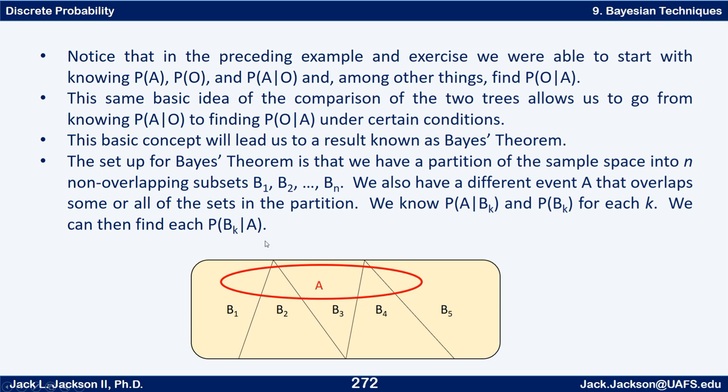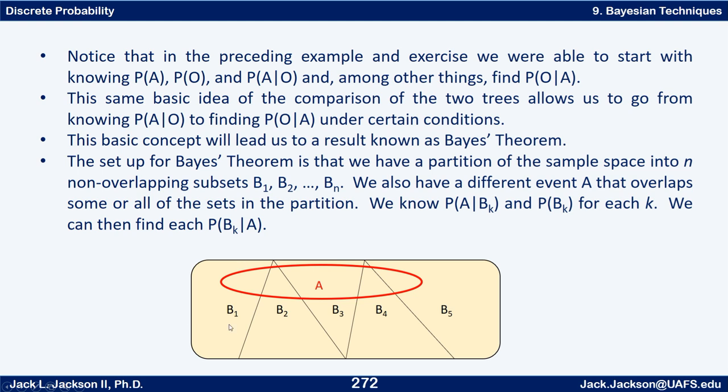And then we have this other set A, this other event that overlaps some or perhaps all of the B's. It's not necessarily the whole sample space, but some subset of the sample space. But here it is, and it overlaps some of these things. And we suppose then further that we know each of the probabilities of A given Bk.